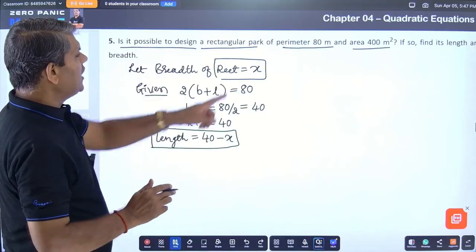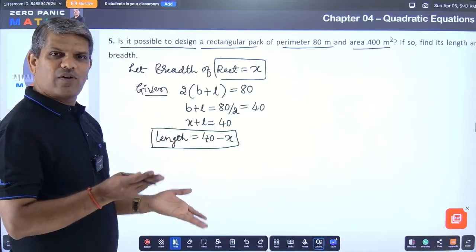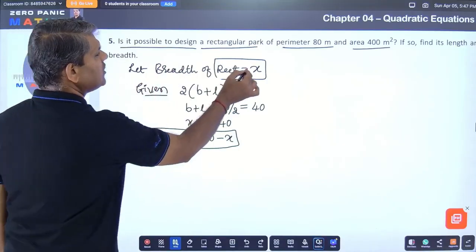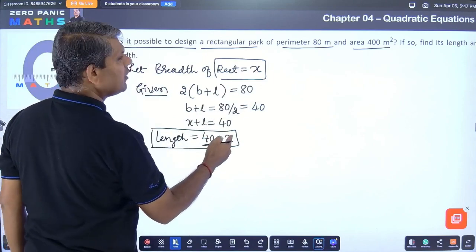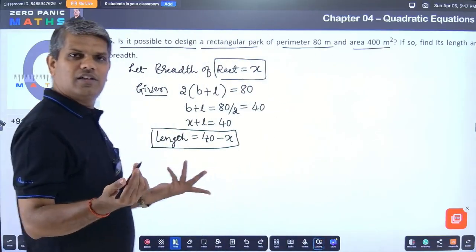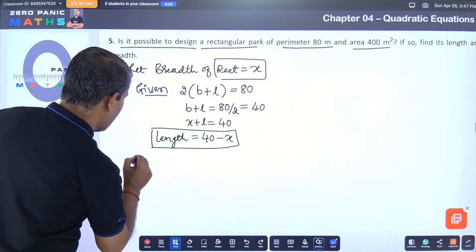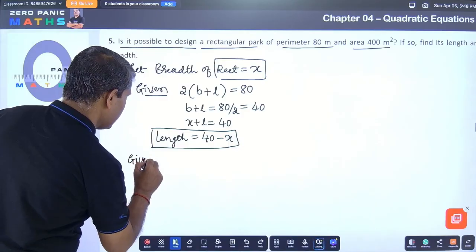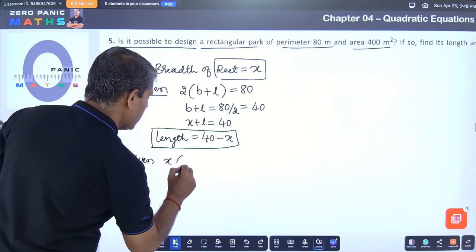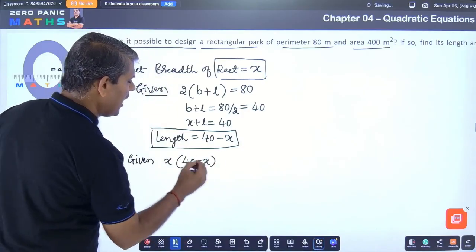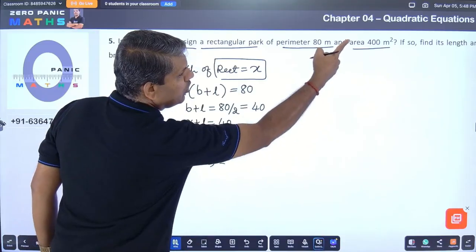Listen carefully. Now, length into breadth is our area. So breadth is x, x into 40 minus x. And what is the area they have given? It is 400. So given is x into 40 minus x, breadth multiplied by length, is equal to 400.